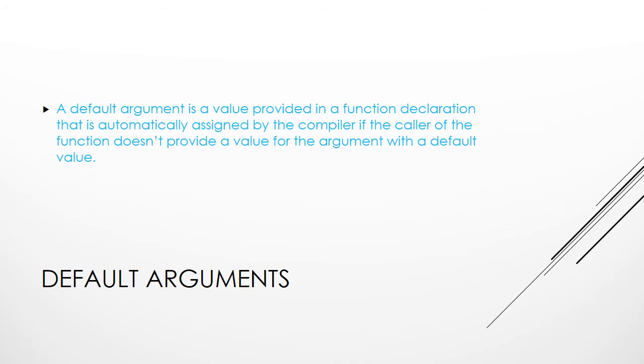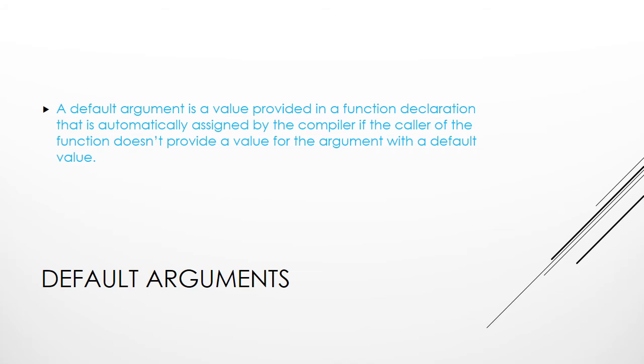Suppose in some source file, in some user defined functions, the parameters are not given an initial value, then the compiler itself will give some values for those parameters for the smooth running of the program, and such arguments are called default arguments.